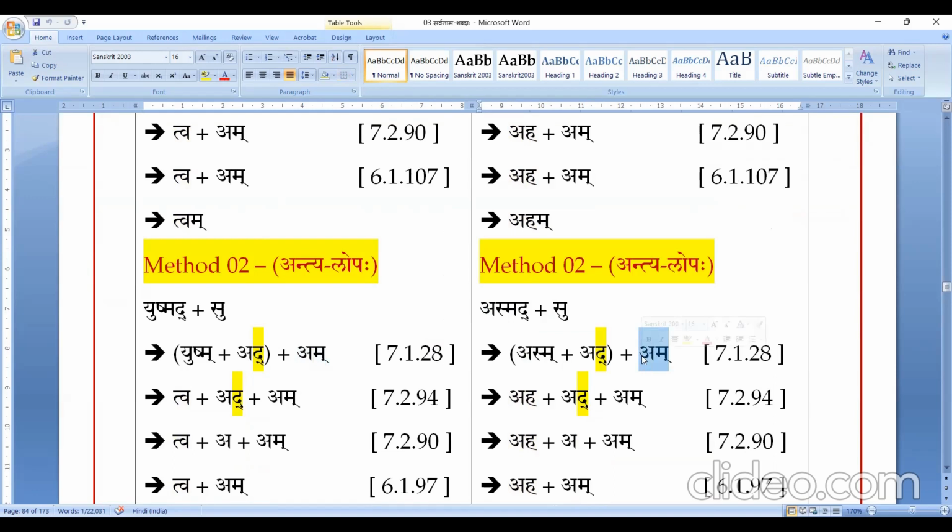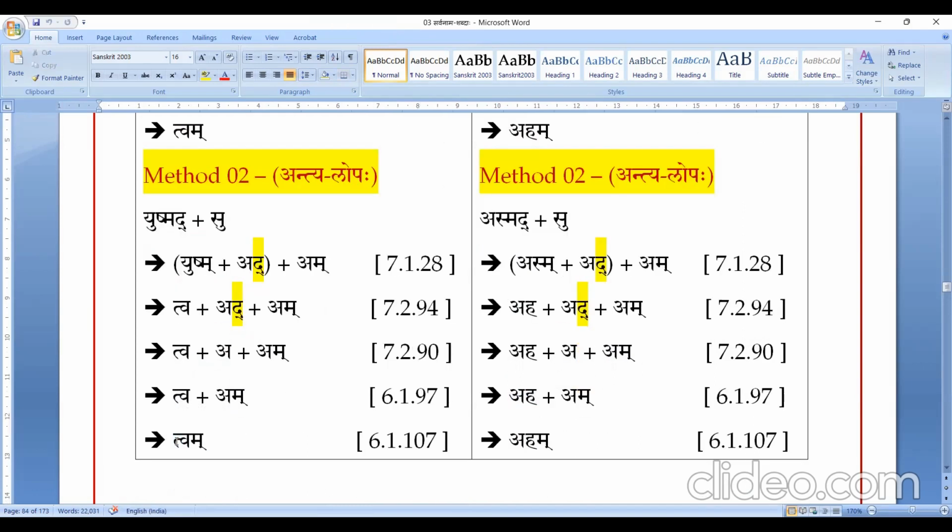Then by 7:2:94, which says Tvaho Sau, Ma Paryantasya Yushma Shabdasya sthane Tva Adeshaha, Asmad Ma Paryantasya Aha Adeshaha, respectively. Then applying Shesho Lopaha, by that Antyalopaha, Takarasya Lopaha Bhavati. Then Tva plus Am, Atogune, followed by Amipurvaha. Up to this we saw in the last class.